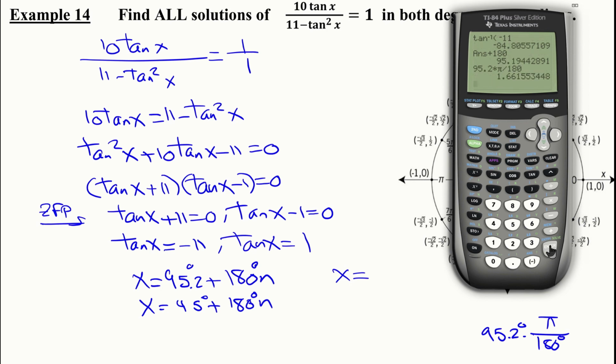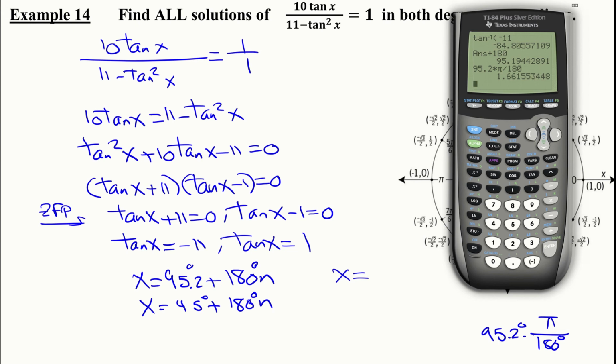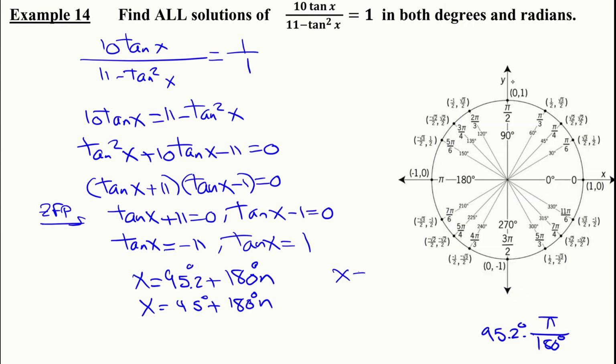All right, so we get approximately 1.7. So I really here should say approximately now, and I should have said approximately here too. Let's be really accurate.